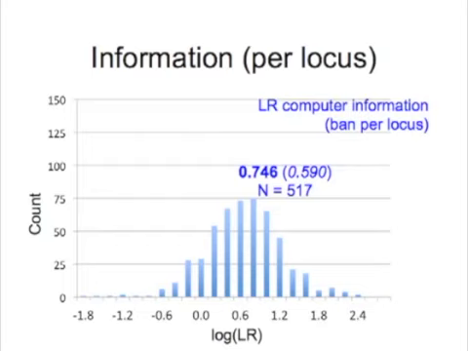And what we did is we looked at each one separately. And we just measured that information, the number of zeros, right? So 1 would be a 10, 2 would be 100, -1 would be 1/10. We asked what was that information, the logarithm or the number of zeros, over these over 500 loci.